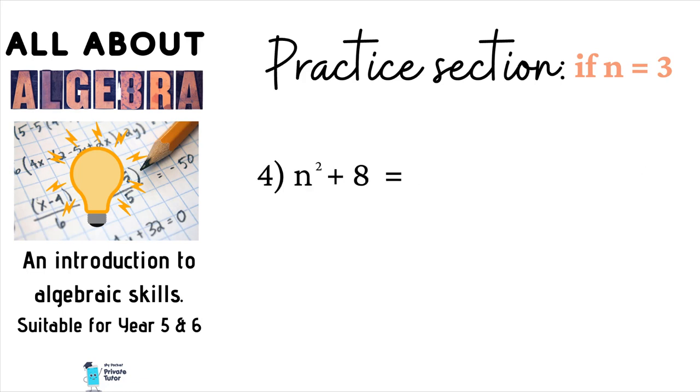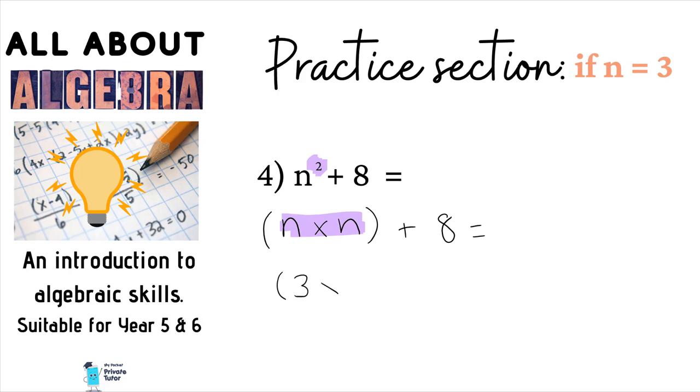So let's have a go at the final question, and I'm not going to use a bar this time. So here I've got n squared plus 8. Now remember, n squared means n times n. Means n times n plus 8. So I'm just rewriting it. This is the same as n squared. Now I know what n is because it is 3.